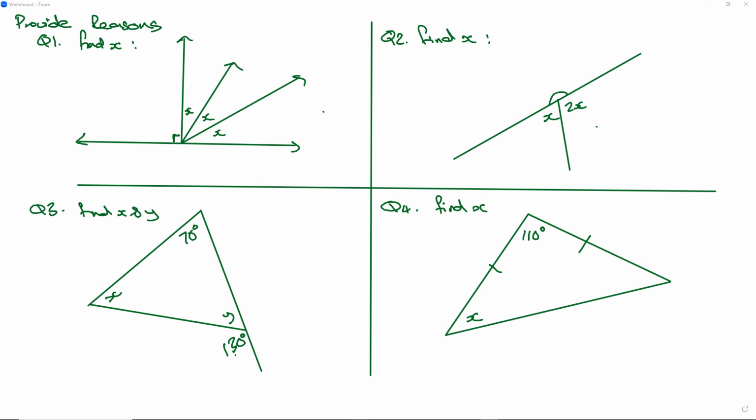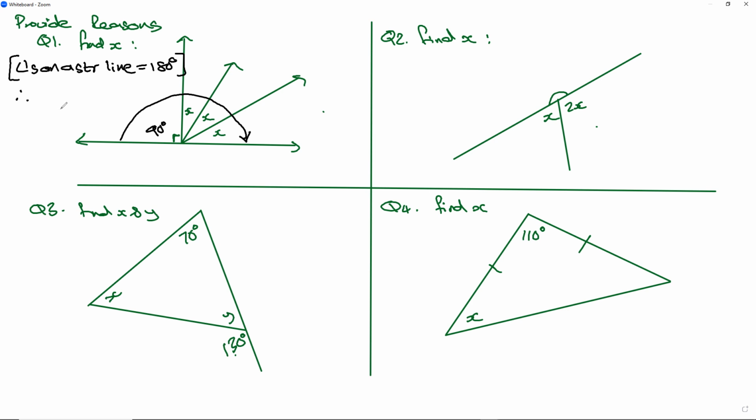All right, let's go through each of these now. The first question here, we've got a straight line, and this square over here means 90 degrees. We know that a straight line, the angles will add up to 180 degrees. So the reason for this one would be angles on a straight line equals 180 degrees.